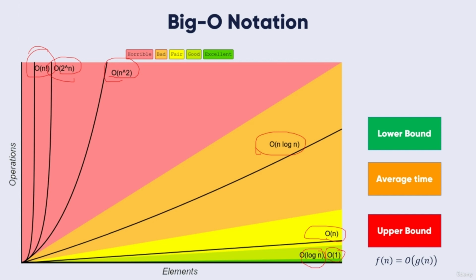So please write down O of 1 less than log n less than n less than n log n less than n squared and less than 2 to the power n and less than n factorial.